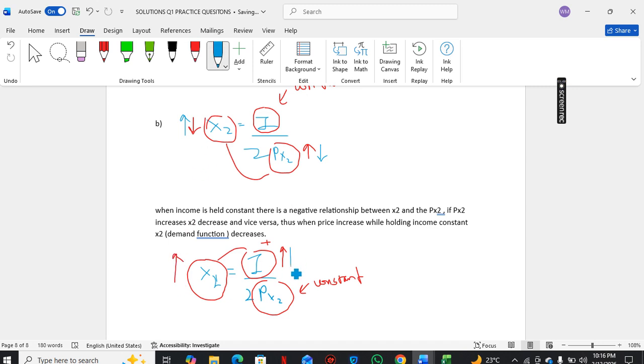And if income drops, you buy less of x2. Okay?